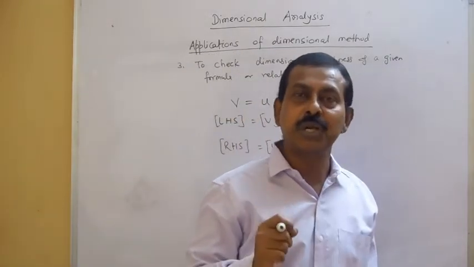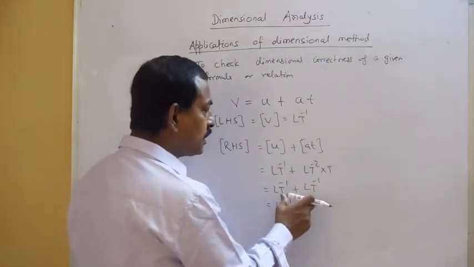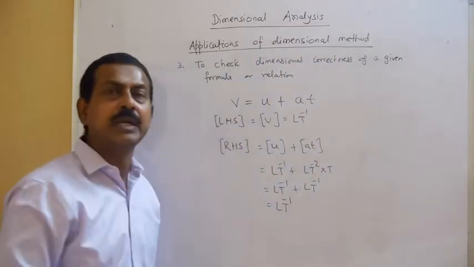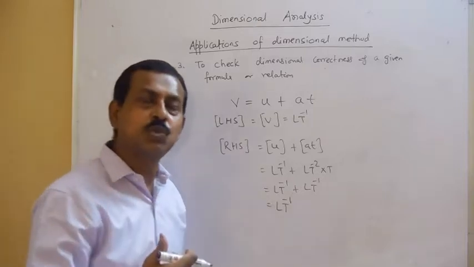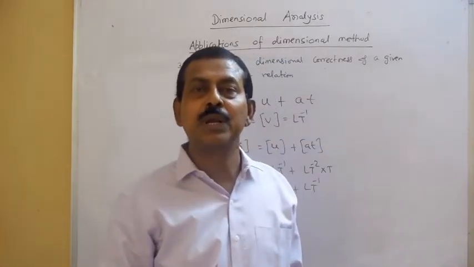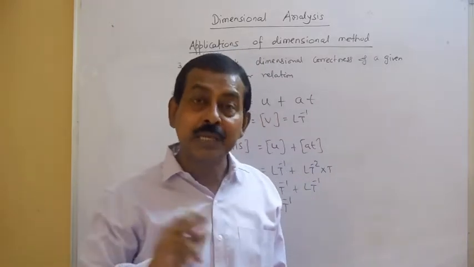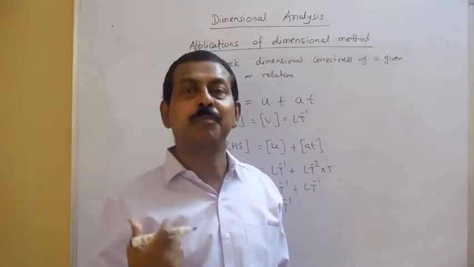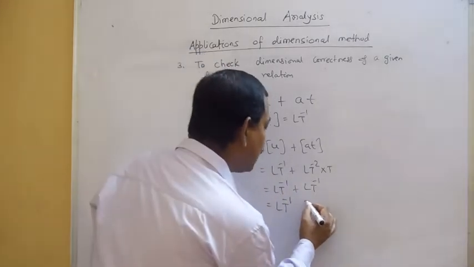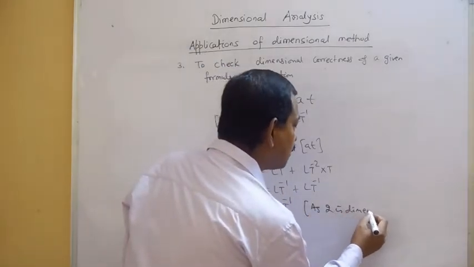Therefore, this sum will also just give you LT power minus 1. It is just like if you are adding mass to mass, you will get a mass quantity. If you add length to length, you will get length. It will not be 2 times length. Numerical values will differ, but not the base quantities there. So here, as 2 is dimensionless.